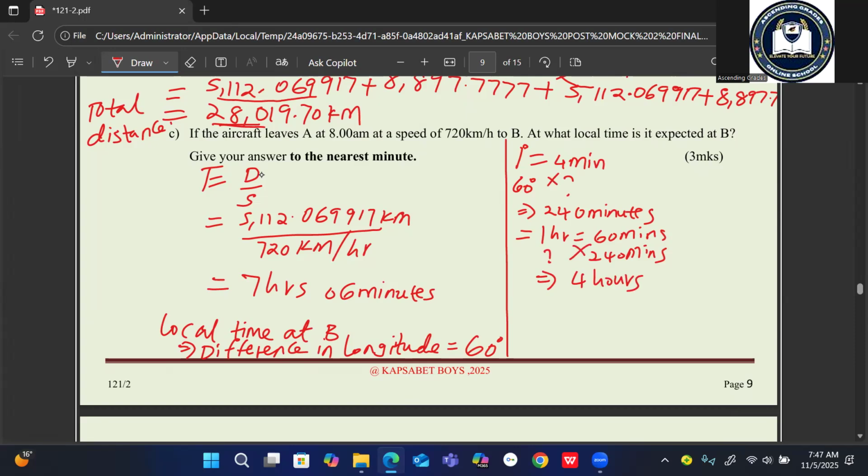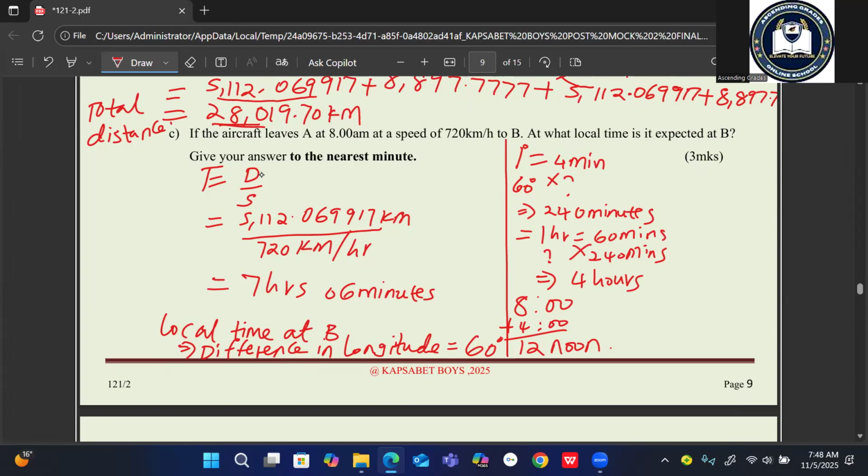So 4 hours means that in order to get the local time at B, we have to add these 4 hours to 8. So it will be 8 plus 4 hours, which will give us 12 noon. So when at A it was 8 a.m., B was 12 noon. And understand that from A to B, it took 7 hours, 6 minutes.